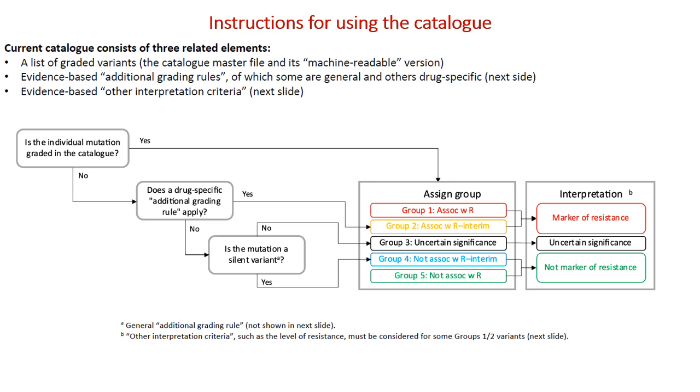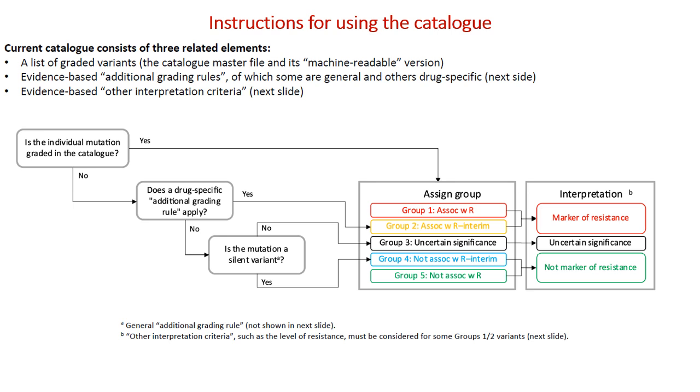I just want to mention that the variants are included in the catalog master file that can be used in an Excel version, for example, but also in a machine-readable version that is useful if a user wants to implement the catalog into an in-house pipeline, for example.